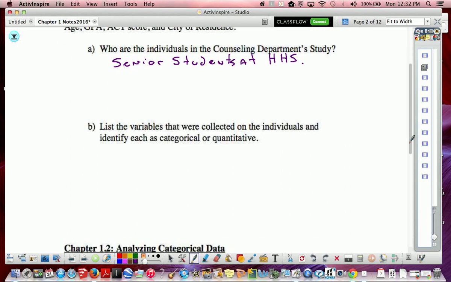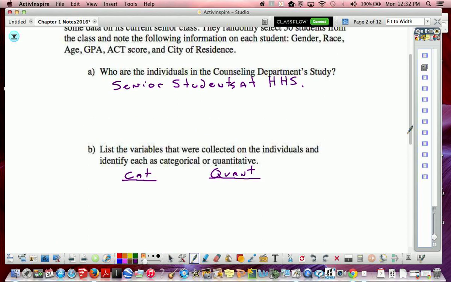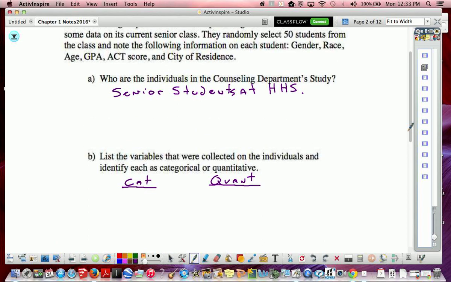Alright, list the variables that were collected on the individuals. Identify each as categorical and quantitative. So I'm just going to go cat and quant for categorical and quantitative. So, who can give me a categorical piece of data? Gender. What's another one? Race. Another.